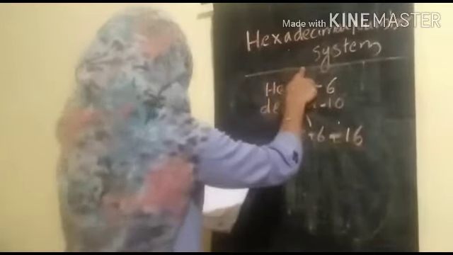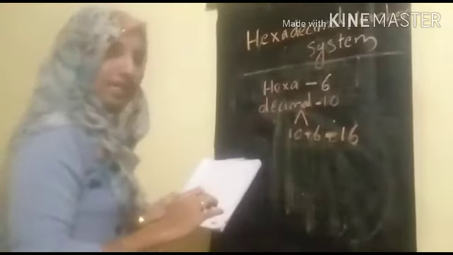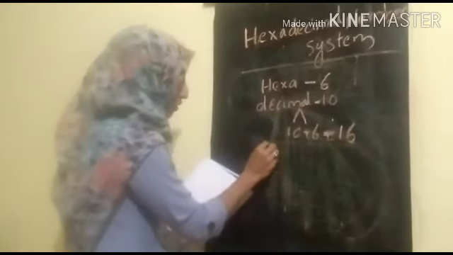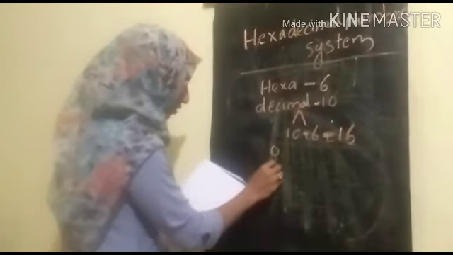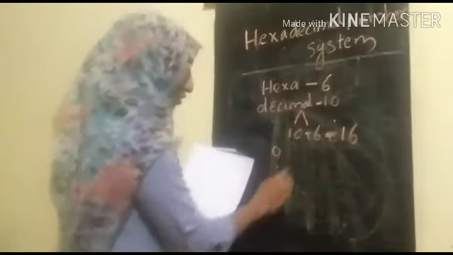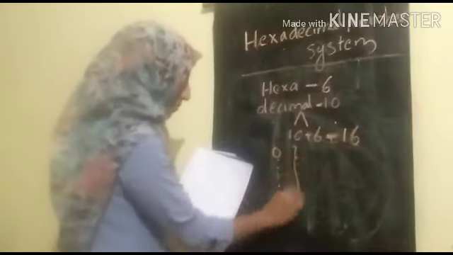Now we start counting in the hexadecimal number system. First, you use 0 to 9 numbers. These are 10 symbols. 0 to 9 is our 10 symbols.